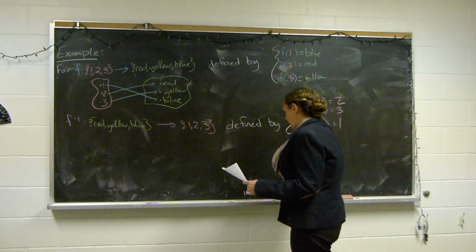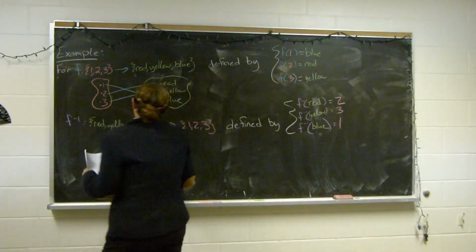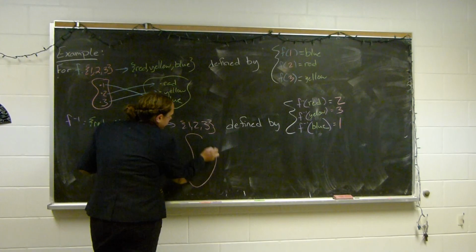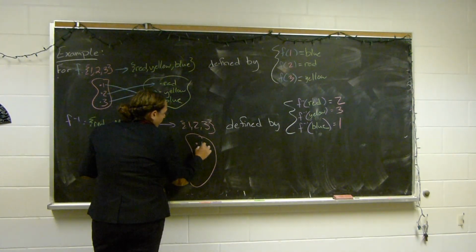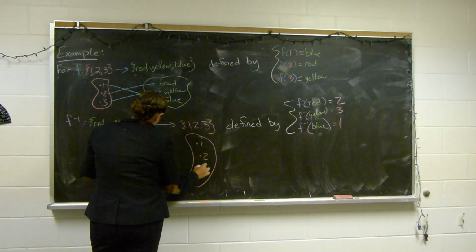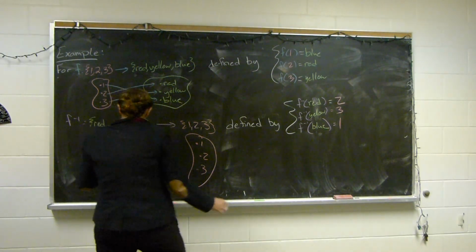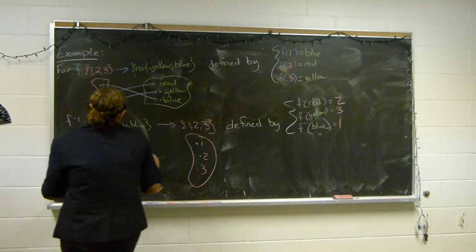Okay, so my picture now ends up flopping to go in the other direction. Now I have 1, 2, and 3, and I have red, yellow, and blue.